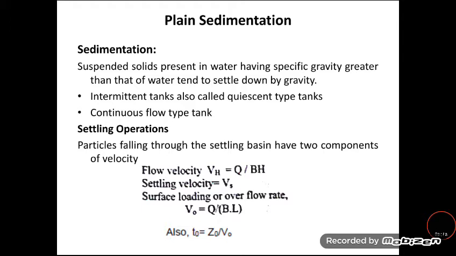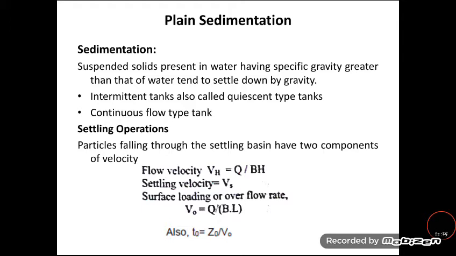Next is the settling operations involved in the sedimentation process. The particles falling through the settling basin have two components of velocity. One is horizontal velocity and another one is vertical velocity, that is a downward velocity. That is also called the settling velocity, and the horizontal velocity is also called the flow velocity.